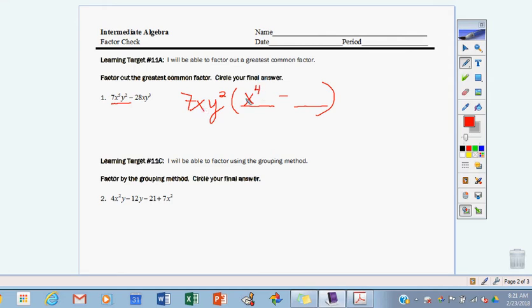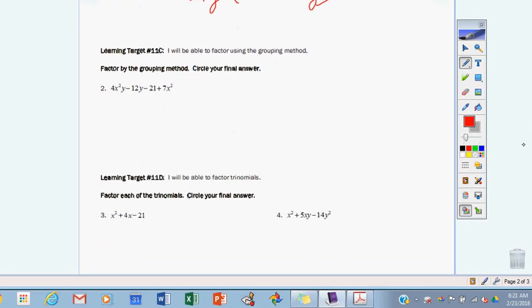So x to the 4th power would make this x to the 5th, and it would be that first term. Now, we have to put a 4 in this back end because 7 times 4 is 28. X is good. Y squared is missing a y. All right? So there we go. The direction said factor out the GCF. We factored out the GCF.